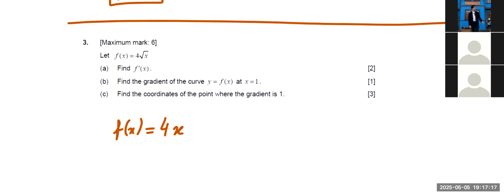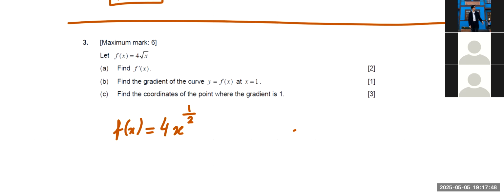It's not 2, because 2 would mean square. Roots are written as denominators. So 1 over 2, this division by 2 in the power implies a square root. If it was 3, it would mean cube root and so on. Okay?